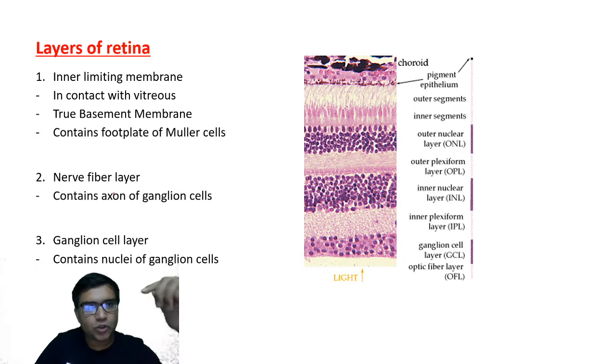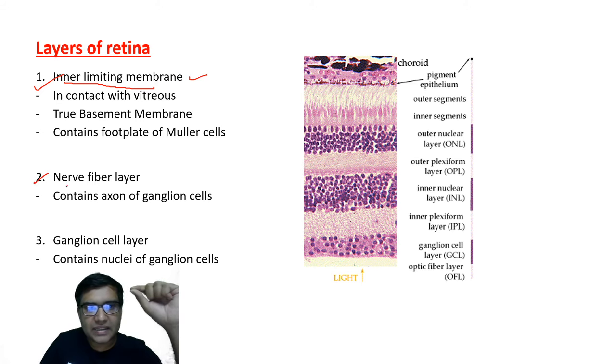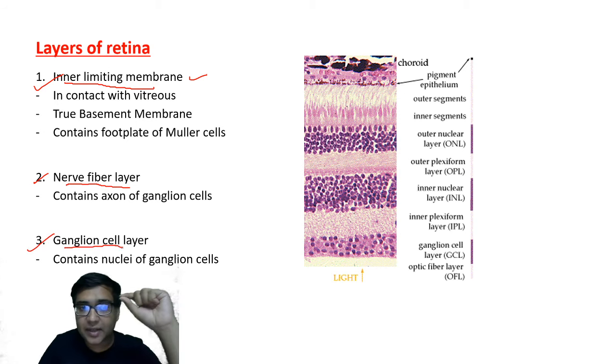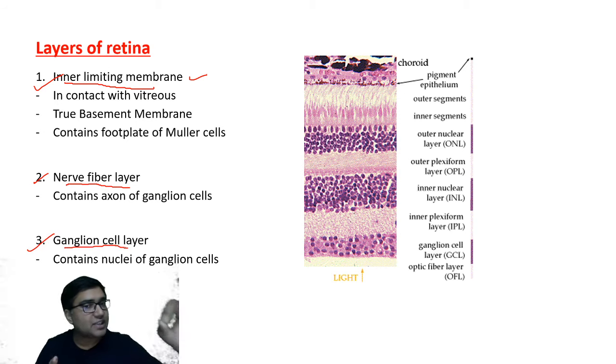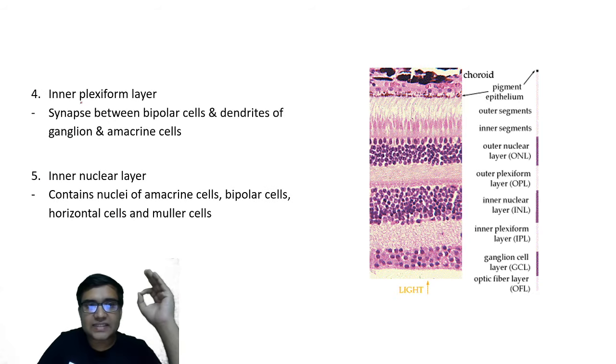Now I would tell you the various layers of the retina. The first layer, which is in touch with the vitreous, is the inner limiting membrane, followed by the nerve fiber layer. Then comes the ganglion cell layer. Remember, the ganglion cell layer is basically damaged in glaucoma. After this comes the inner plexiform layer, followed by the inner nuclear layer.